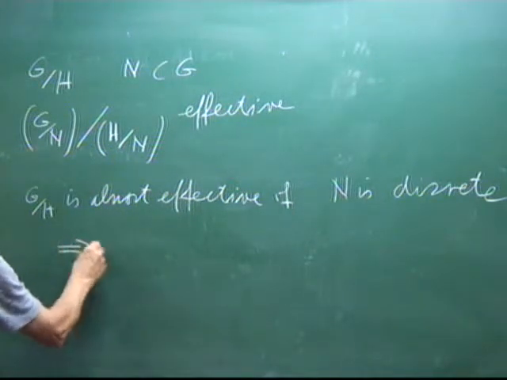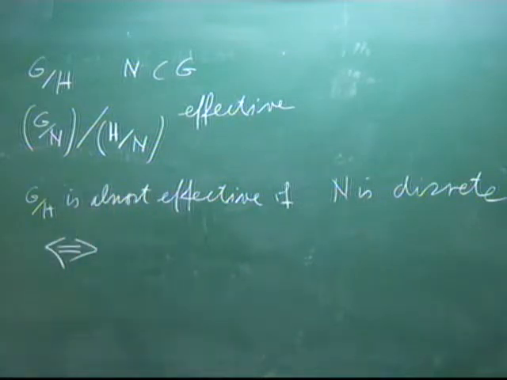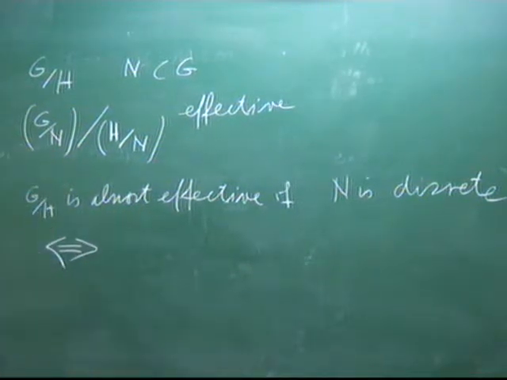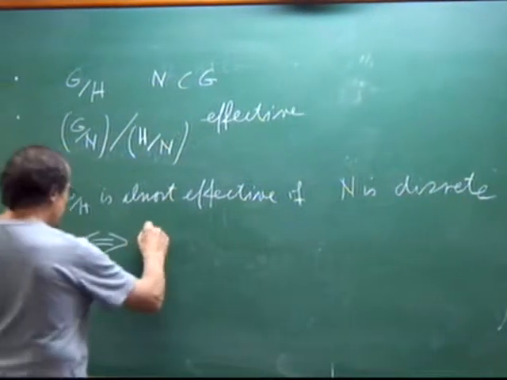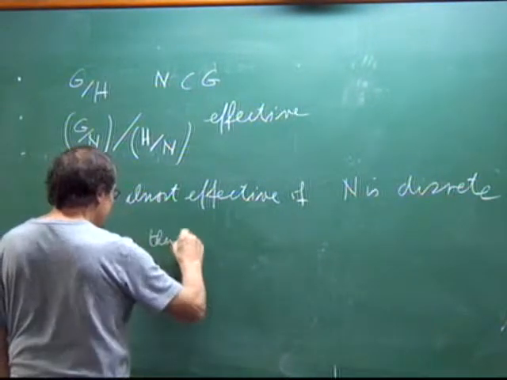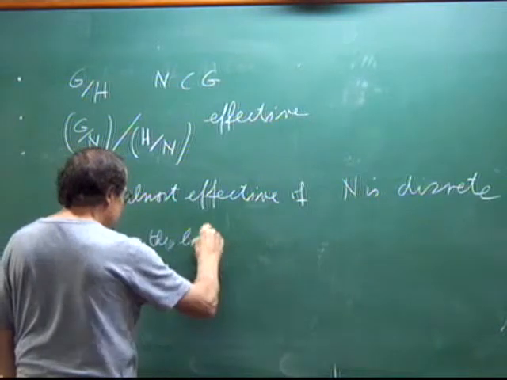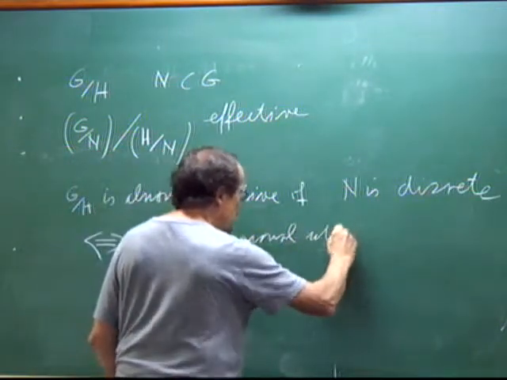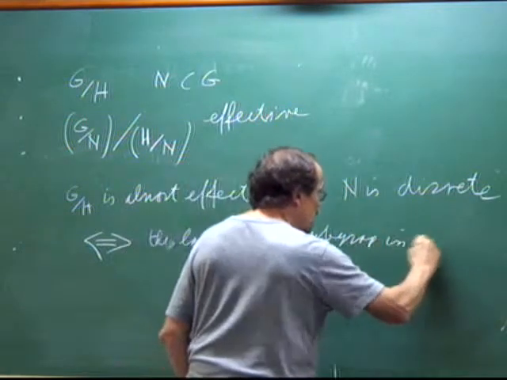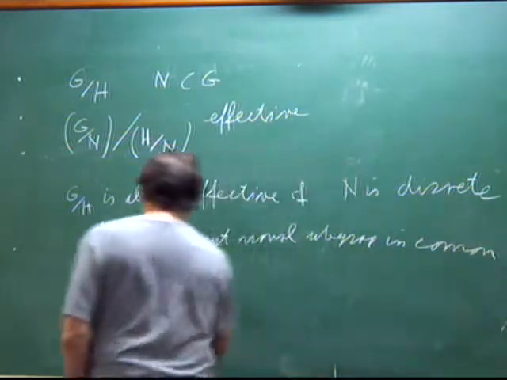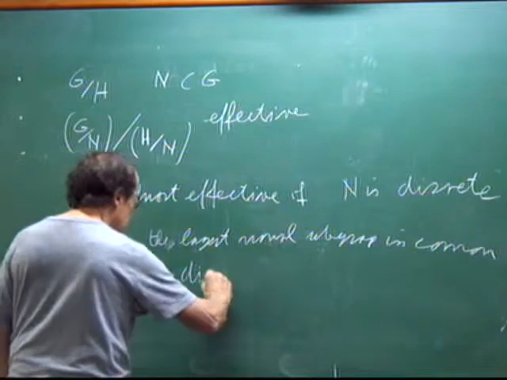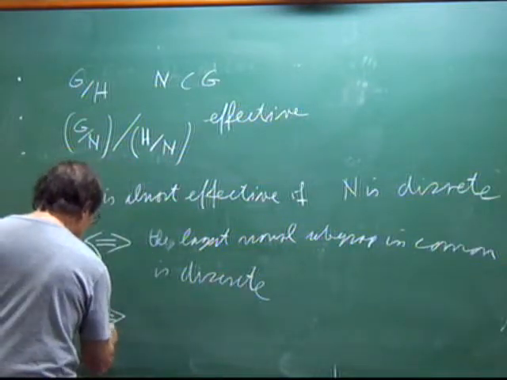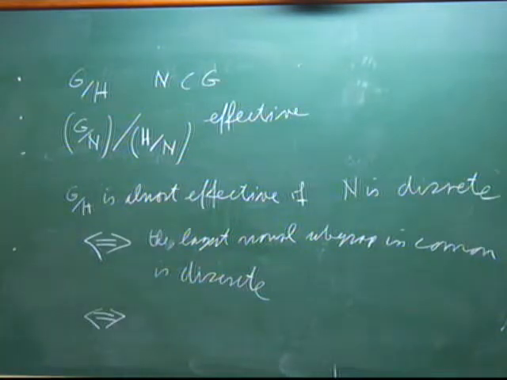And this is if and only if, using the same proof as over there, the largest normal subgroup in common is discrete, which I can now express in terms of the Lie algebra, because normal subgroups are ideals.